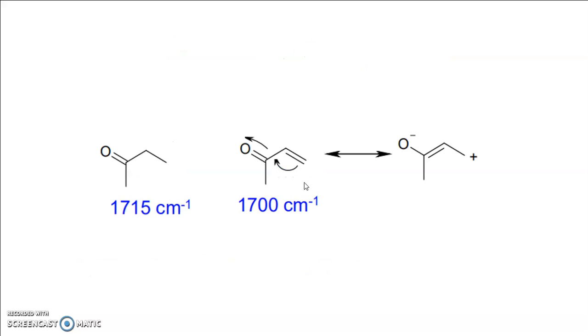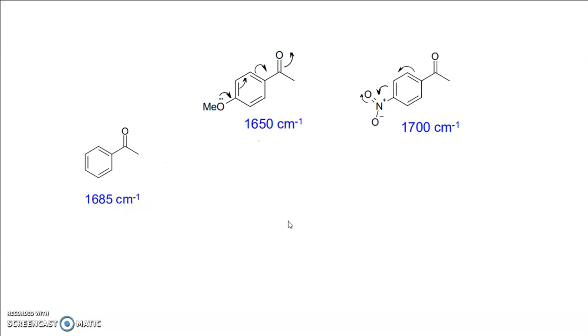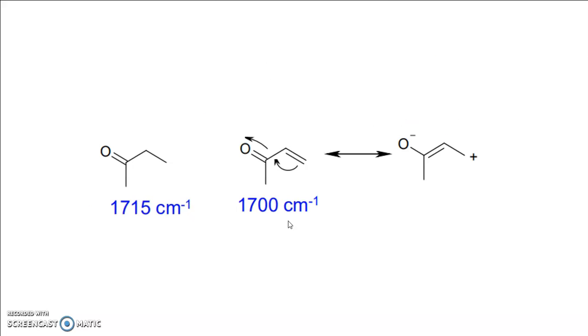For carbonyl compounds, conjugation lowers the stretching frequency of carbonyl by 20 to 40 cm inverse. This is also attributed to the decrease in the double bond character of the CO group by resonance.